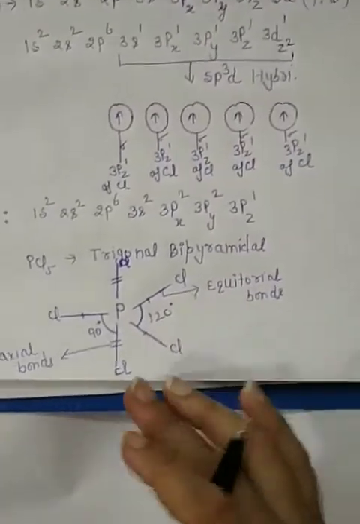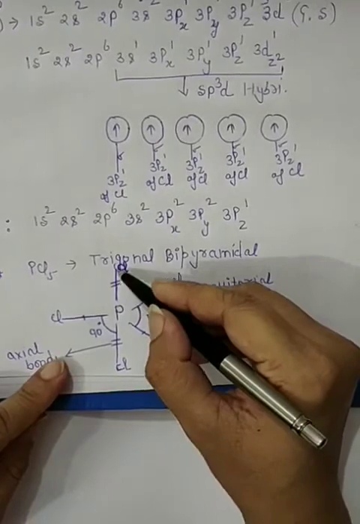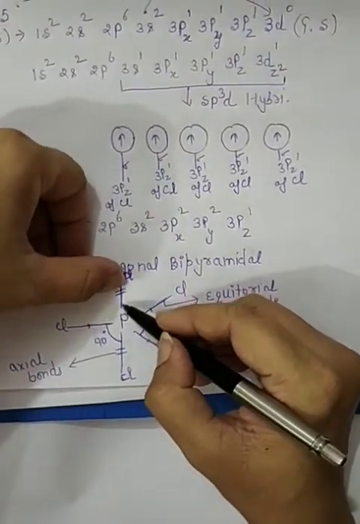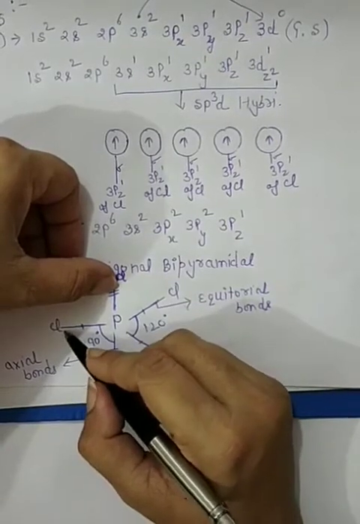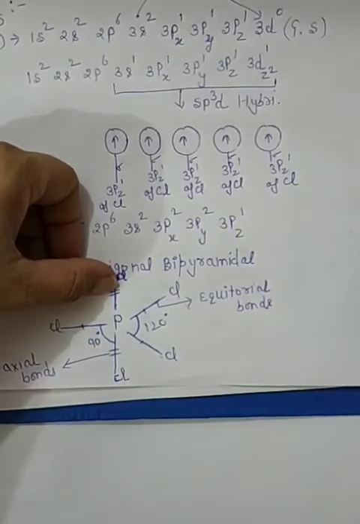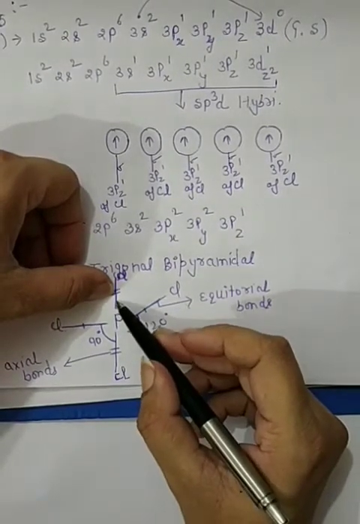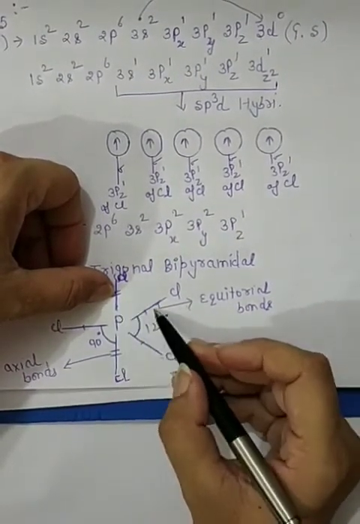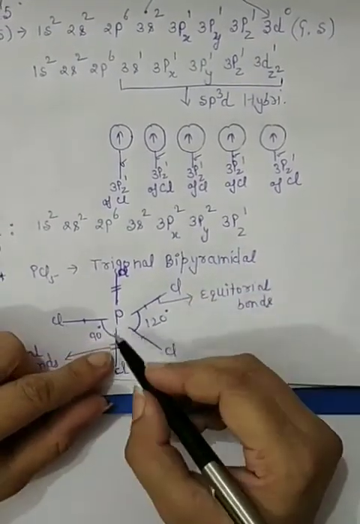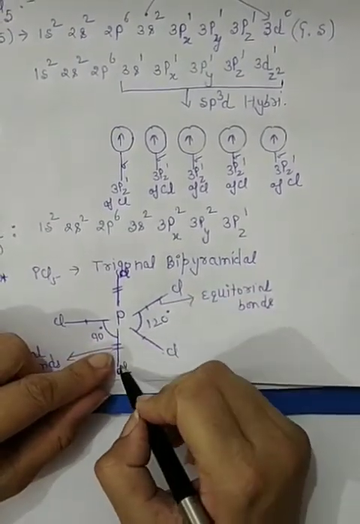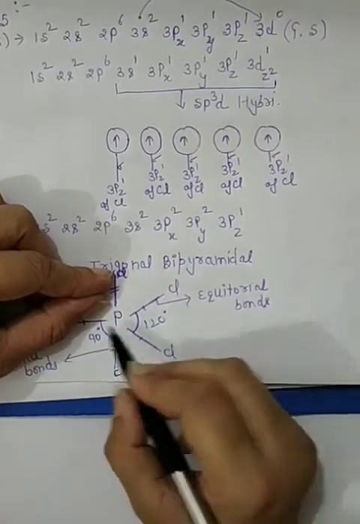How? Let us see the geometry again. Here suppose it is the axial bond. It experiences repulsion by 3 equivalent bonds, isn't it? As its distance from the equatorial bonds is less in comparison to the second axial bond, hence it experiences more repulsion with equatorial bonds.